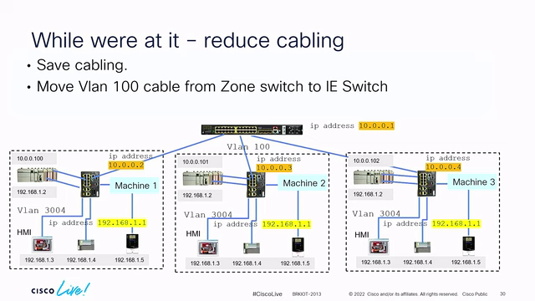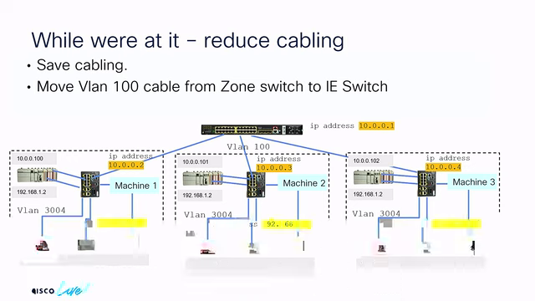Not everything has to be translated. If this were a trunk interface and there were other VLANs on this switch, other than VLAN 100 or VLAN 3004, they would just be layer 2 switched as well, not translated.